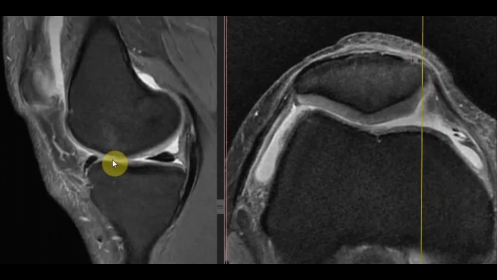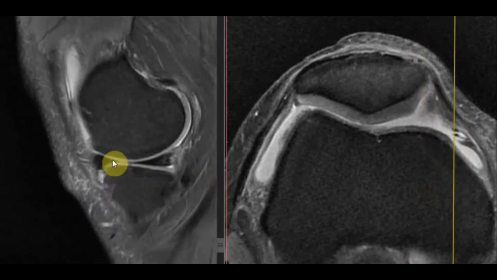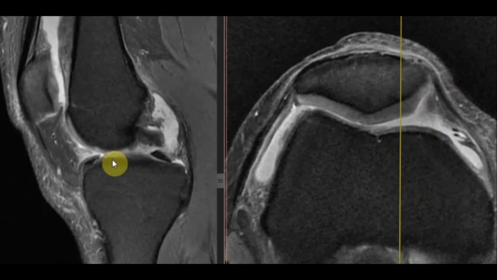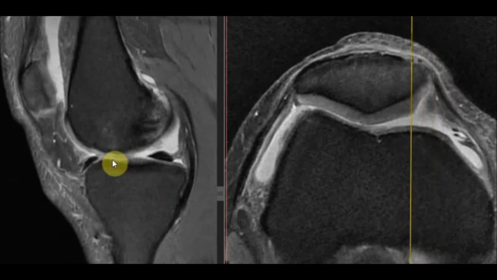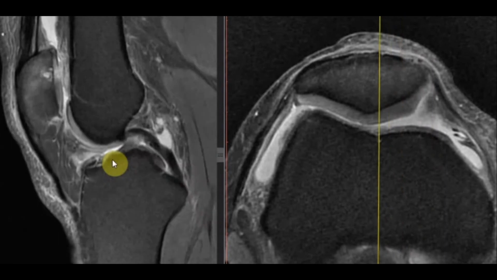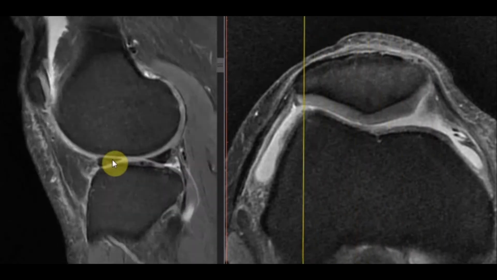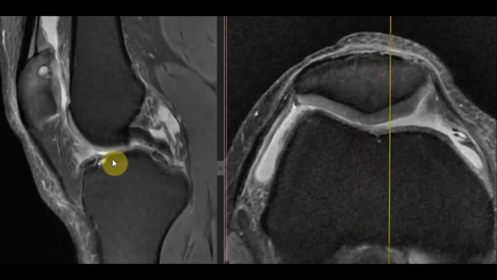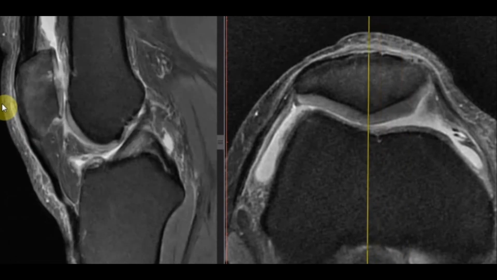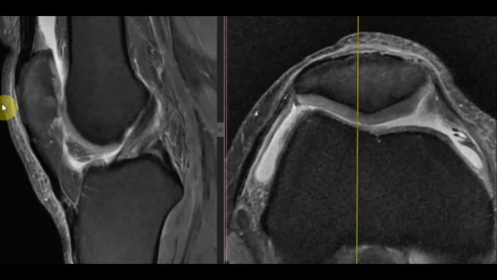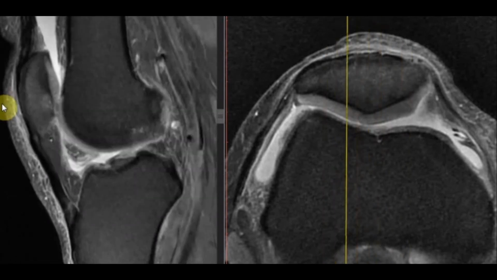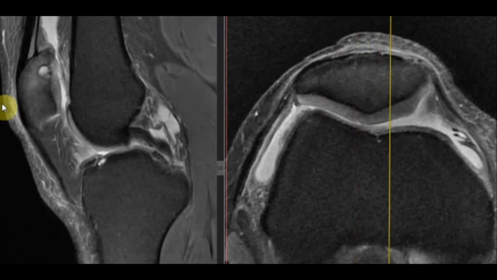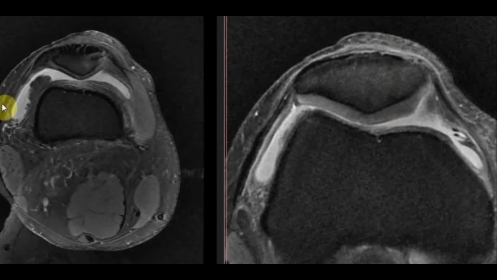So there are degenerative changes in other parts of the cartilage of the knee joint, in the medial femoral condyle and the medial trochlear facet. But more severe cartilage degeneration is present within the patella, and this is the reason for the patient's symptoms. Okay, so let's move to the next case.